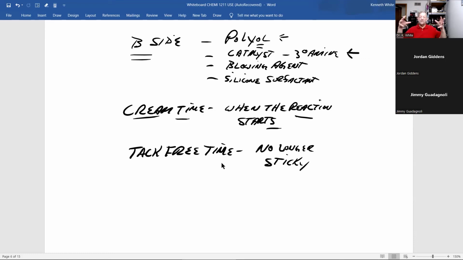In other words, if you're trying to get it out of a mold, because some they sell board stock they make in molds, and you want to know when to get it out, so you need the tack free time. What you do, if we were in the lab, I'd give you tongue depressors, and you touch the top of the foam until it's no longer tacky.